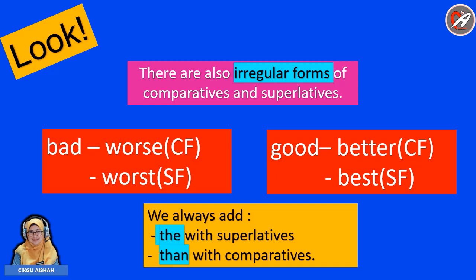Remember, we always add the with superlatives and than with comparatives. So worse than, the worst, or better than, the best. Don't forget to add the with superlatives and than with comparatives.